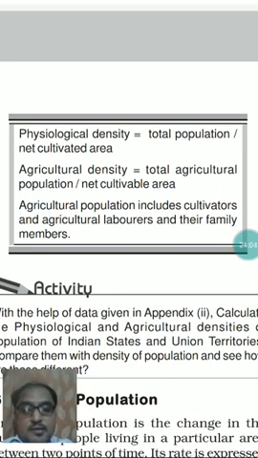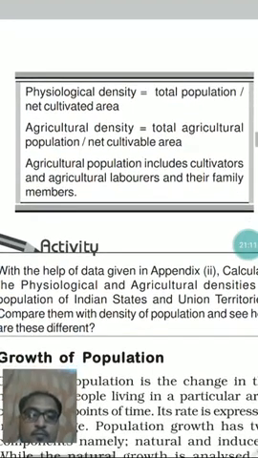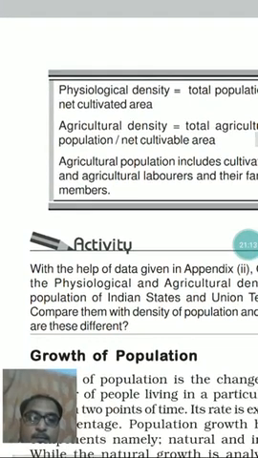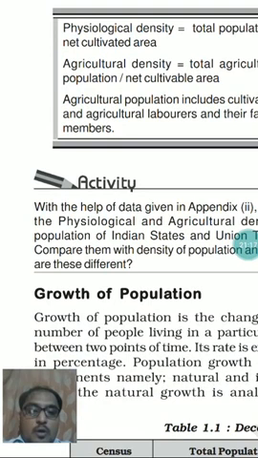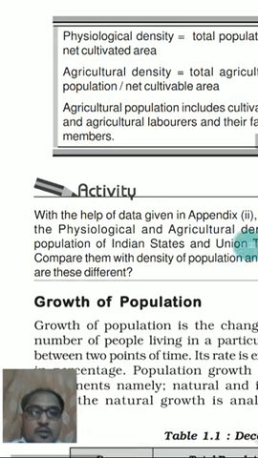Net cultivated area is again the same, the area in which we sow crops at the time of sowing.